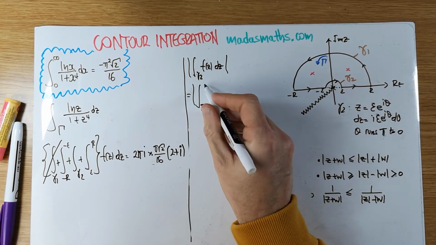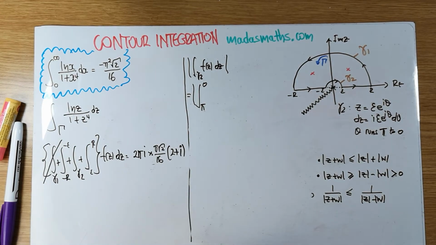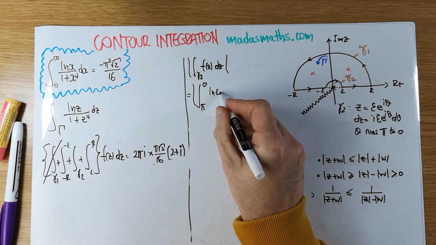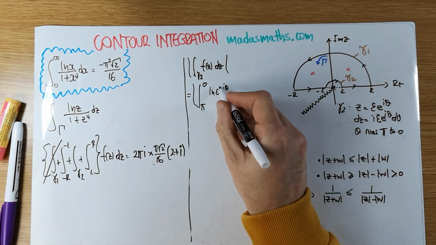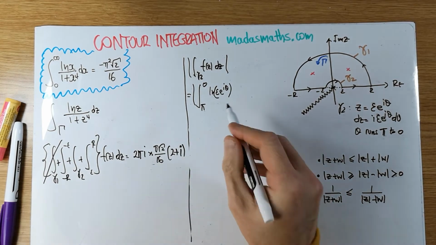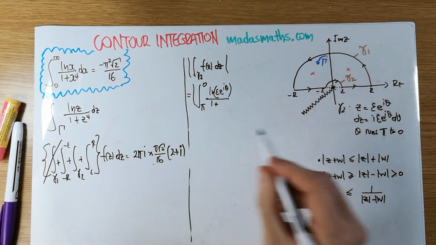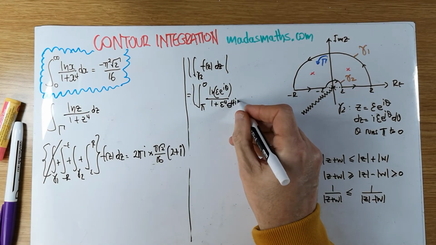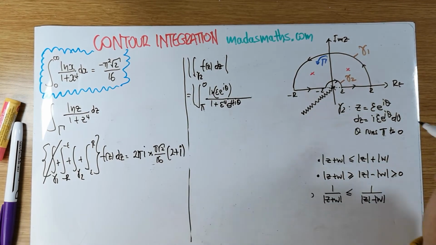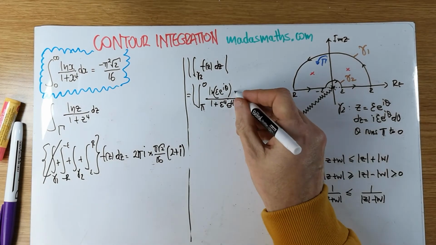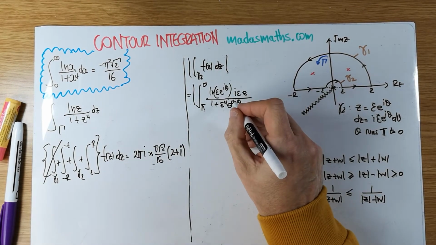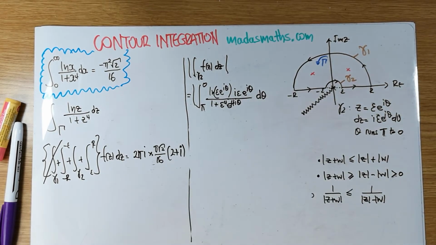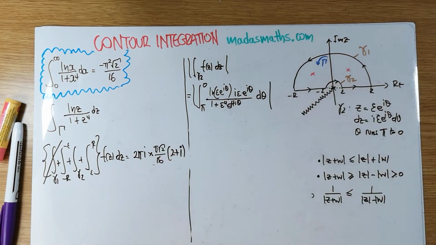It's going to be from pi to 0, f of z, log of z, so it's going to be the log of epsilon e to the i theta. And on the denominator, we're going to have 1 plus epsilon to the 4 e to the 4i theta. And on the numerator, of course, the dz, which is i epsilon e to the i theta d theta. Okay. And still modulus there.